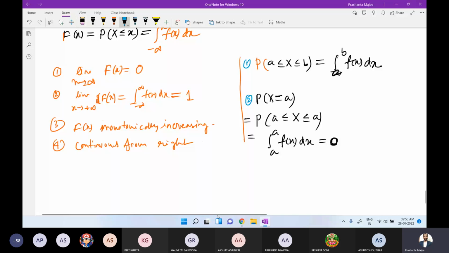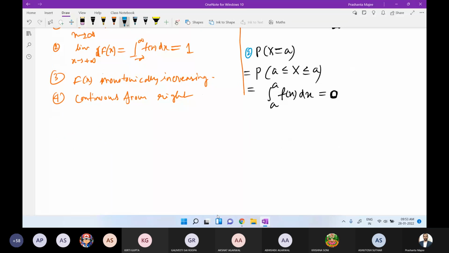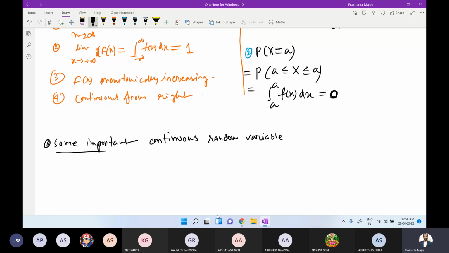So in this case we are going to consider some important continuous random variables. This probability part is not a small topic. It is a very large topic. A whole syllabus can be devoted to studying this part. It is very difficult to decide which part to include and which to exclude.